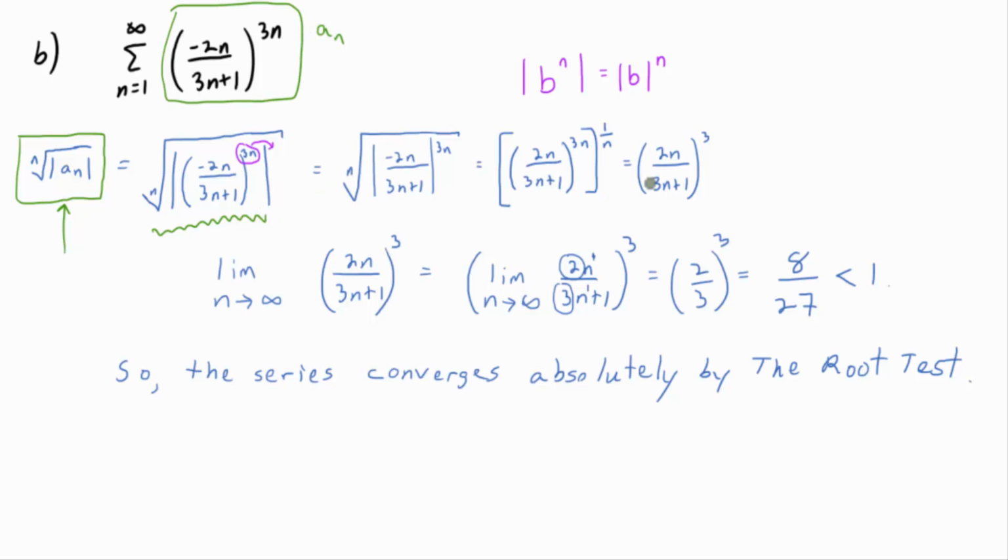And then you simplify, and you then see what the limit of that simplified version of this formula looks like, and what it does as n goes to infinity. And then you compare that limit with 1 and make your conclusion. You hope it doesn't equal 1, otherwise you have to try a different test for convergence.